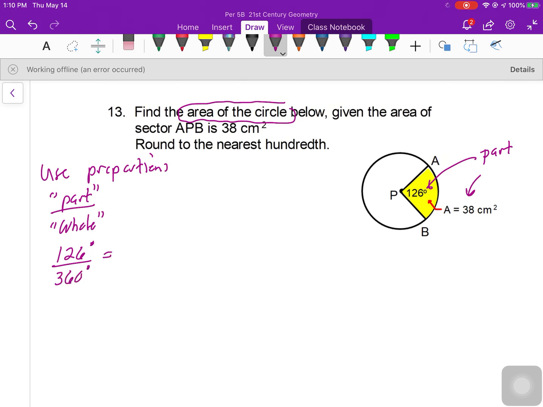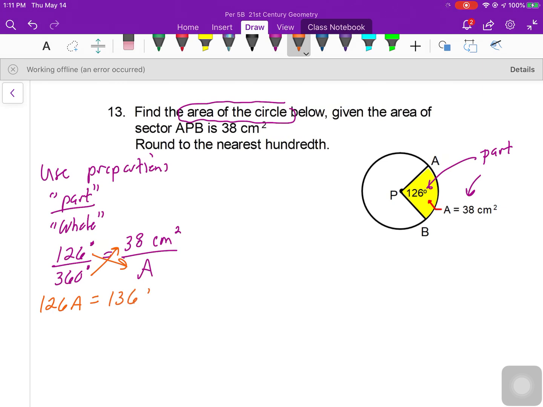The degrees in the part, you can see, are 126 degrees. The degrees in a full circle, we just reviewed, 360 degrees. The area of the part was 38 square centimeters. And we're looking for the area in the whole. And of course, to solve it, we have to use cross multiplying.